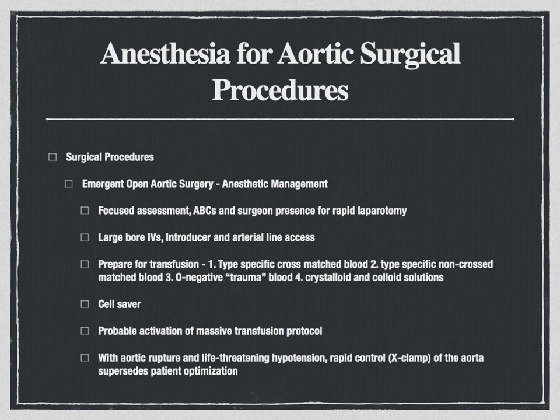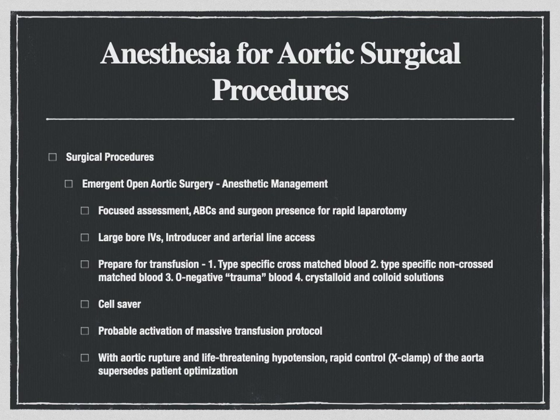You want type specific cross-match blood as your primary availability. The type specific non-cross-match would be your second wish, and O negative trauma blood if you don't have cross-matched or type-specific blood available. Otherwise, it's Old Faithful, crystalloids, and colloid solutions.